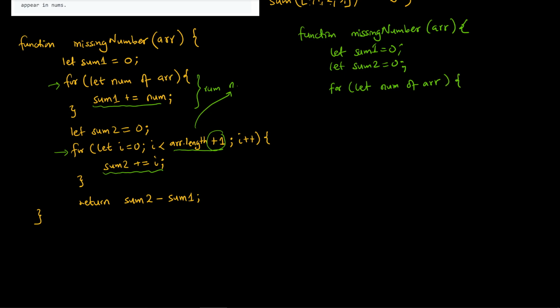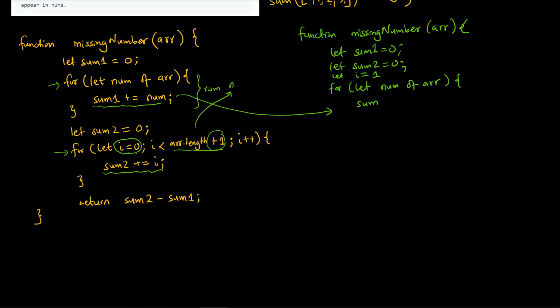Okay, or actually what we can do is now that we know that 0 here, remember when you're doing plus equal I and we're adding 0, it's not really adding anything to the sum. We can actually say that we will start at 1 instead of I 0. So we can make our let I be 1, and therefore no need to add any extra plus 1. So we can say let num of array, and then our sum 1 will stay the same.